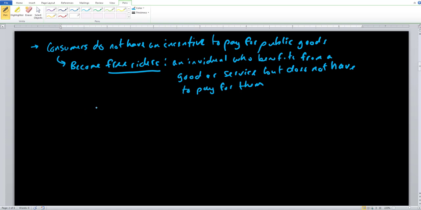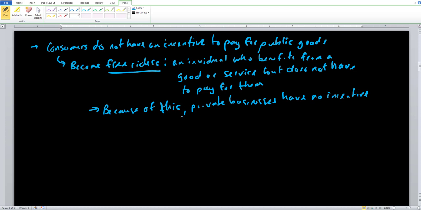So here, because of this, private businesses have zero incentive to produce public goods, because they're never going to receive any revenues or profits from providing these goods because they are non-rivalrous and they are non-excludable. So Amazon, Target, Walmart, they won't be providing these particular public goods because we are free riders.